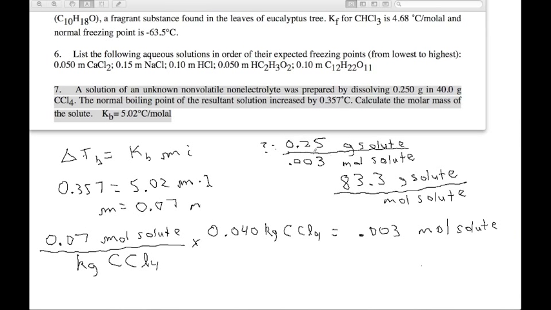So this is the calculation you're doing? Yeah. And what did you say you got? 87.8. I'm getting 83 there. Why am I getting this wrong? 0.07 times 0.04 is 0.003.